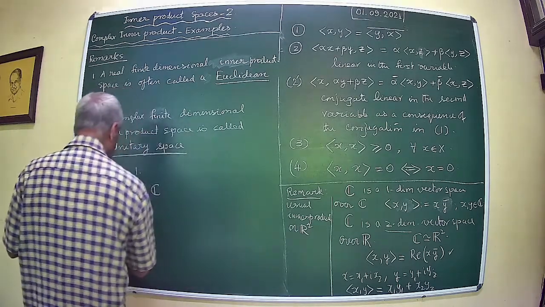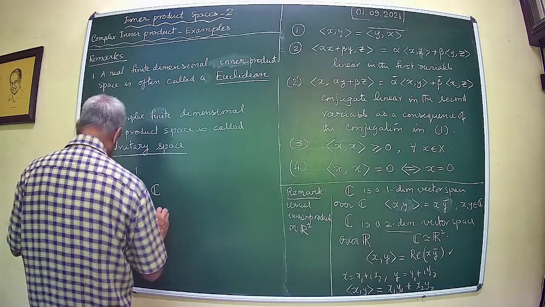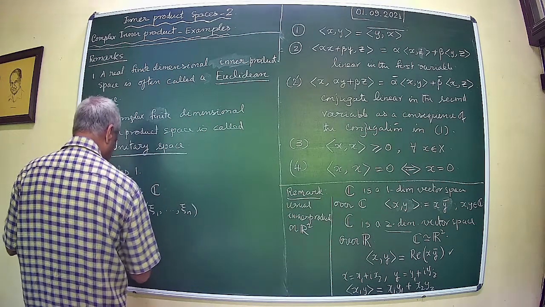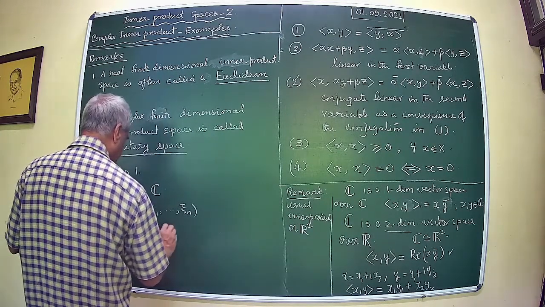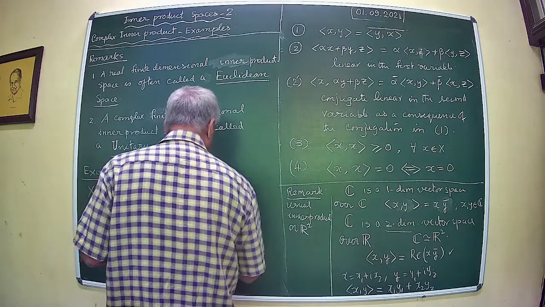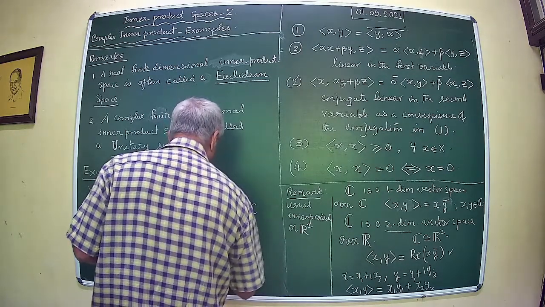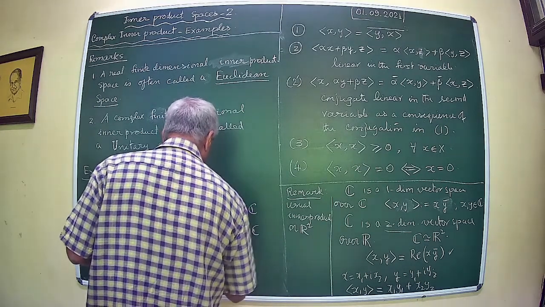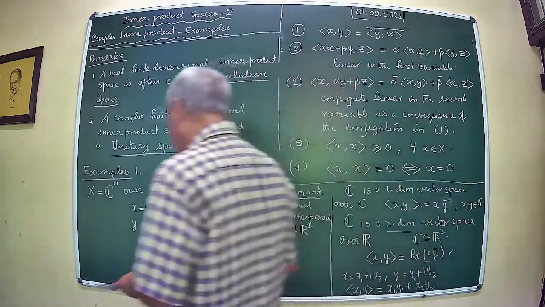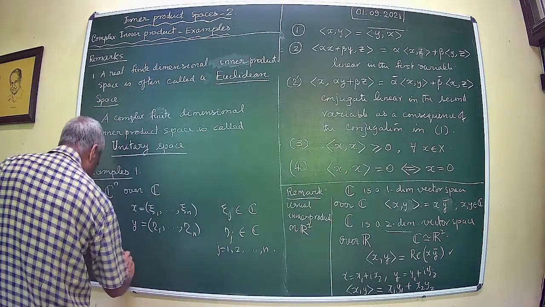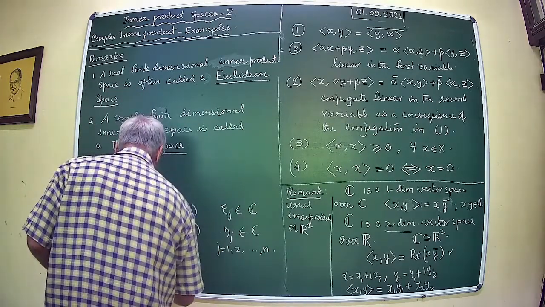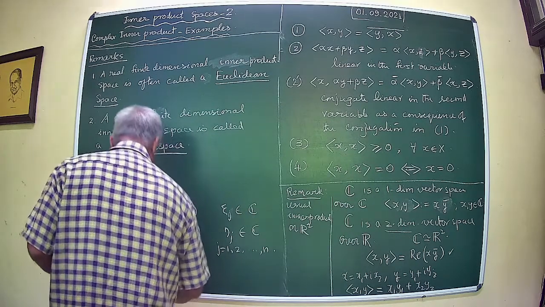Now, so psi j belonging to C for j equal to 1 to n, now you define, conjugate.